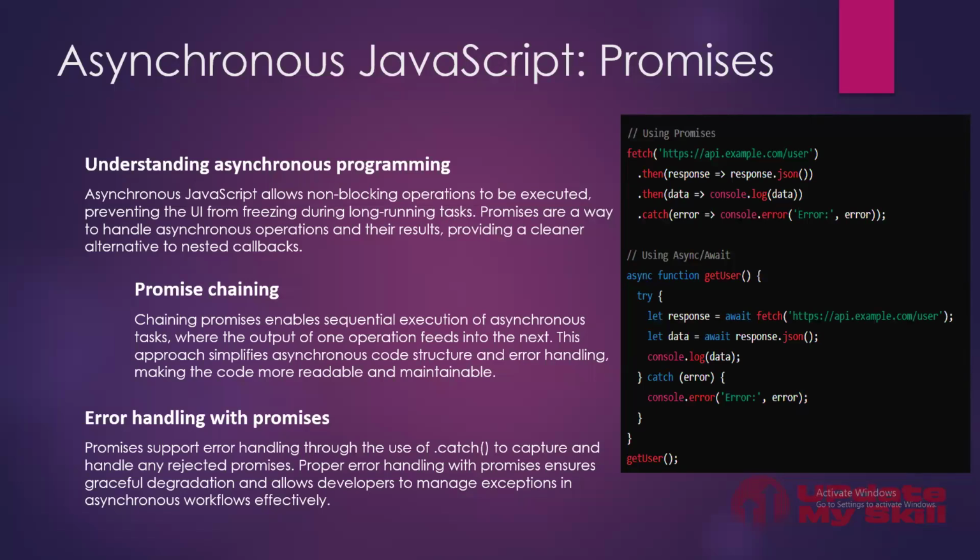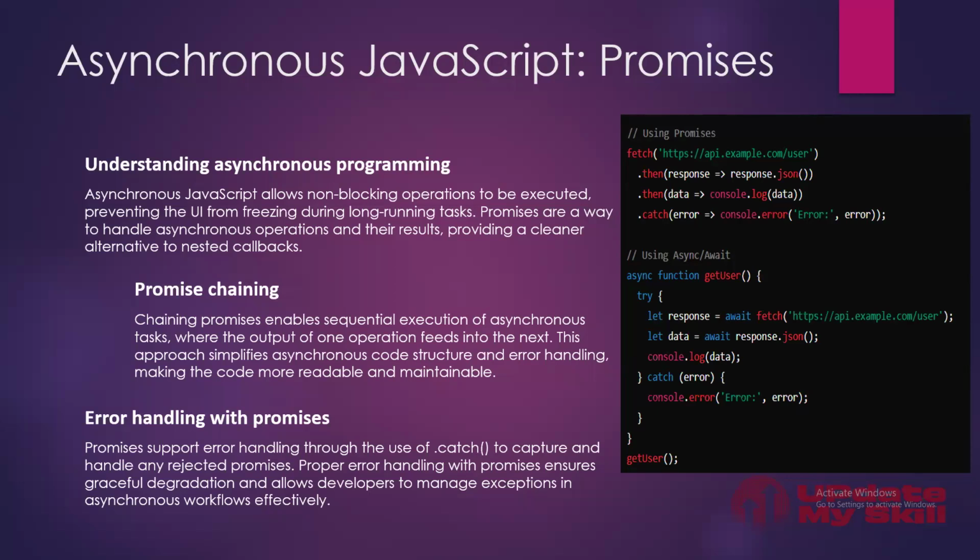So what does promise mean? A promise in JavaScript is an object that represents the eventual completion of an asynchronous operation and its resulting value. It's like a placeholder for the result of an operation that hasn't completed yet.